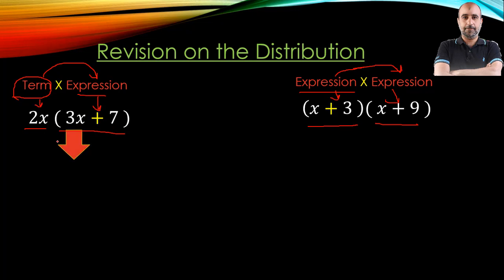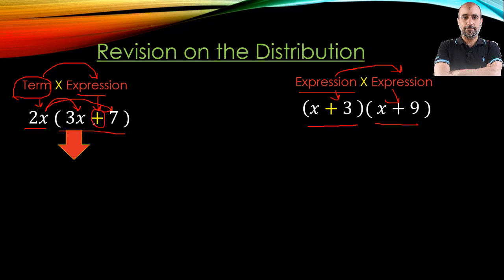Now, to distribute 2x on the expression 3x plus 7, we have to distribute 2x on 3x once and 2x on 7 once again.